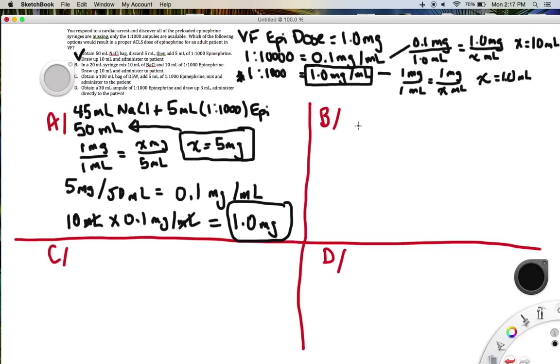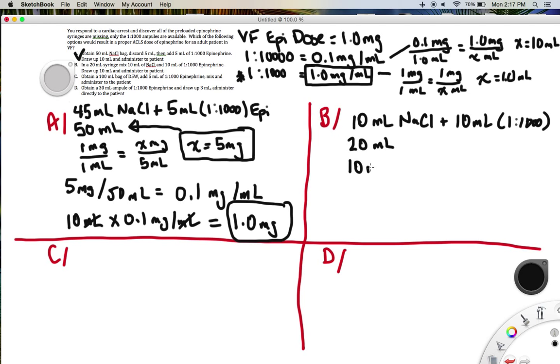So B, in a 20 mil syringe, we mix 10 mils of saline plus 10 mils of 1 in 1,000. So now our total volume is 20. And of that 20, 10 mils is of epi. 1 in 1,000, again, 1 milligram per mil. So we've got 10 milligrams in this solution.